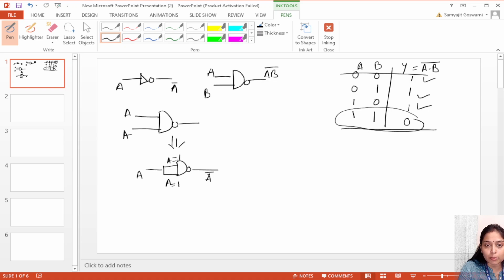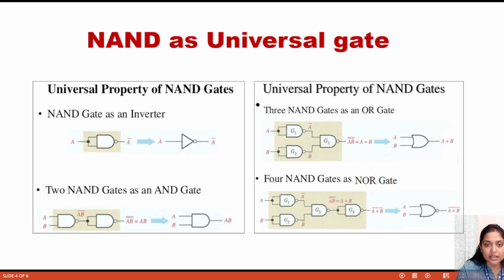That means both the inputs of the NAND gate are 1. So the output will be 0. 0 means A bar. So indirectly we can form the NOT gate in terms of the NAND gate. I hope all of you can understand why I am giving this type of figure.